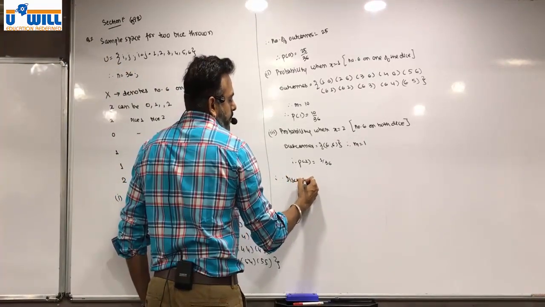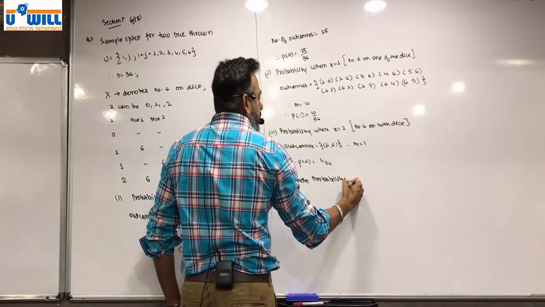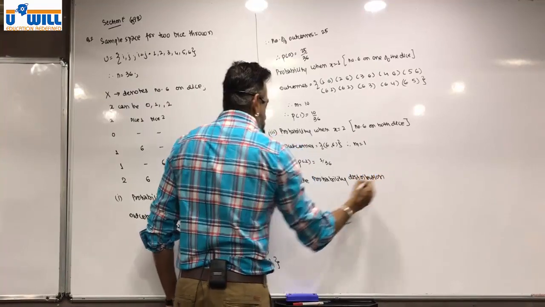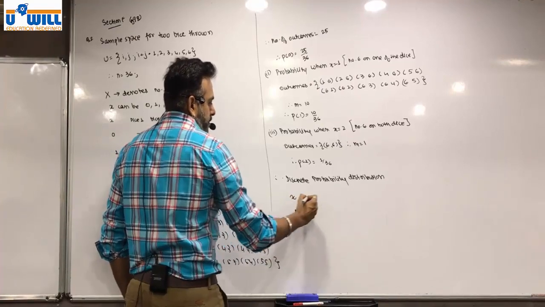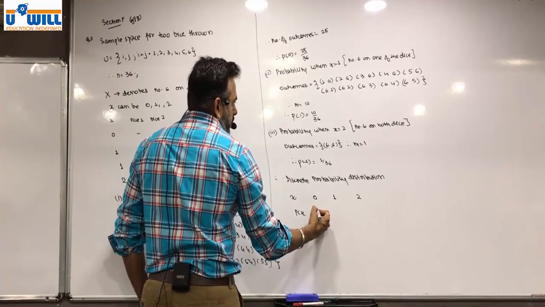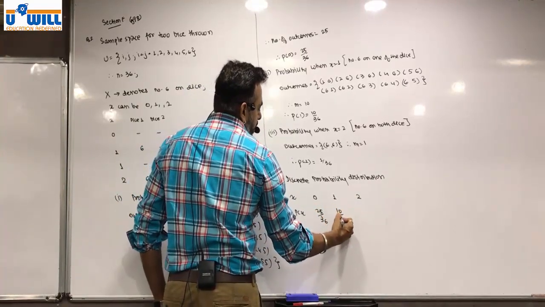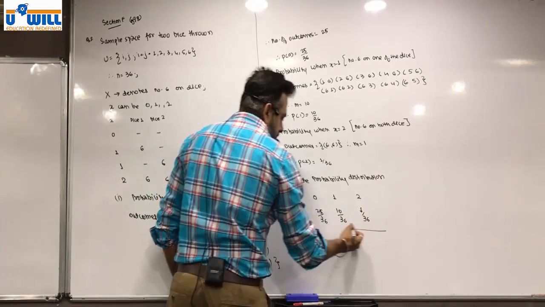Discrete probability distribution: xi and p of xi. 0, 1 and 2. For 0 it is 25 by 36, then 10 by 36, and 1 by 36.